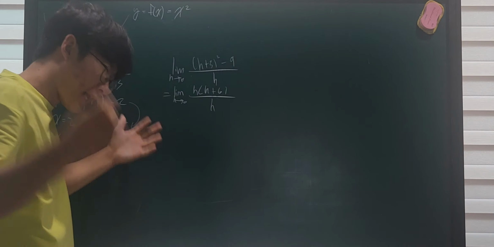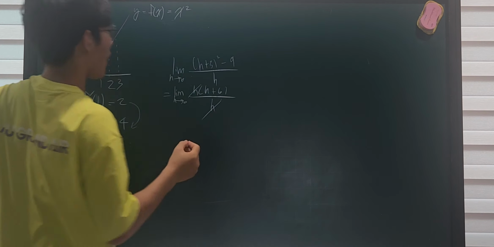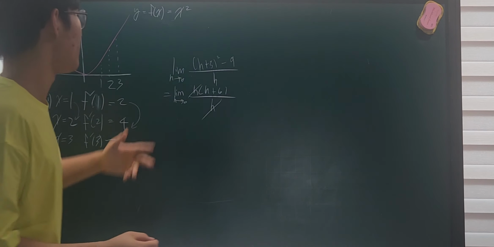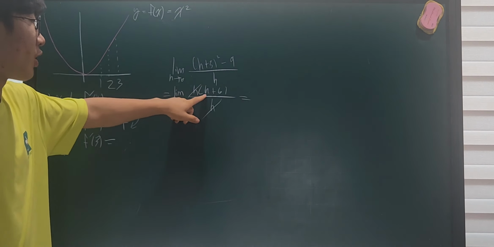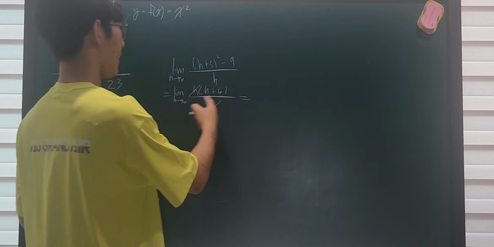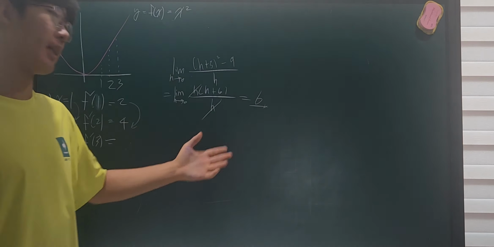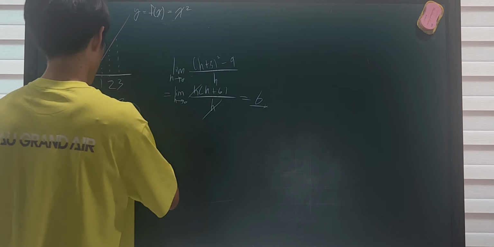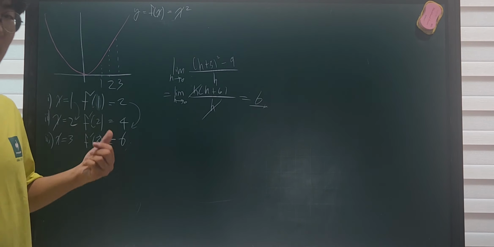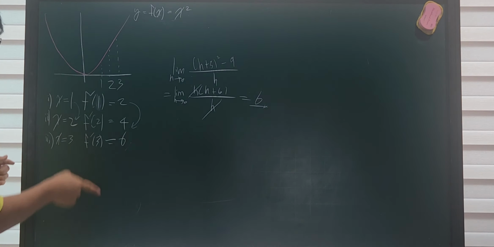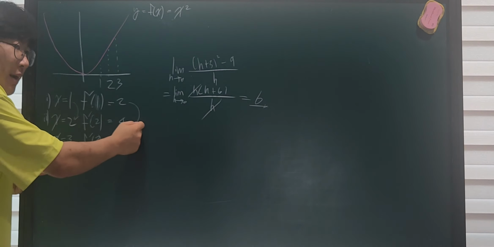Also, same as before, I know it's tedious, but the zero-contributing factor in both denominator and numerator has been removed. So I'm very confident that this limit will exist. And since 0 plus 6 is exactly 6, I can see that f prime 3 is exactly equal to 6. So, what kind of relationship do you see? Was either of my hypotheses correct? Well, if you look closely, as x increased by 1, f prime also increased by 2.